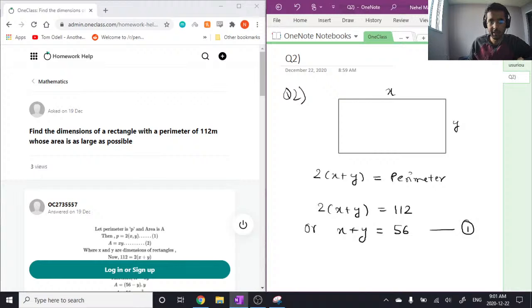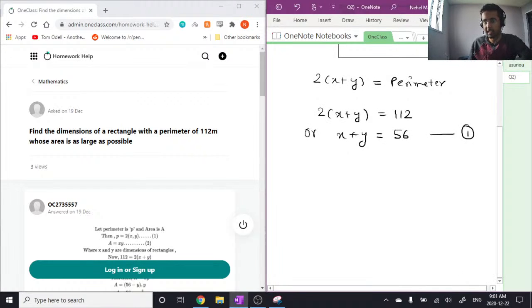Okay, the second part asks us to maximize the area. Now, to maximize the area, we need to first get an equation for area in terms of the variables. So right away we know the area of a rectangle is nothing but the length times the height.